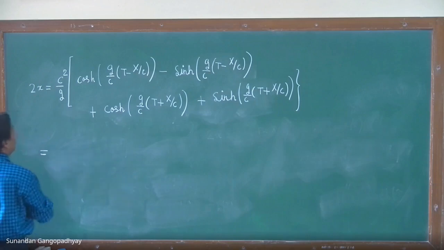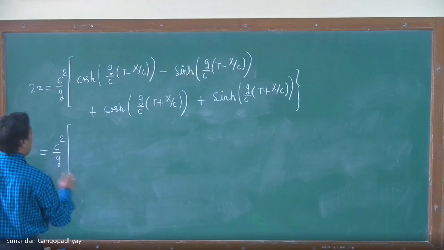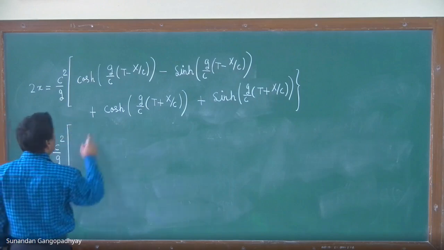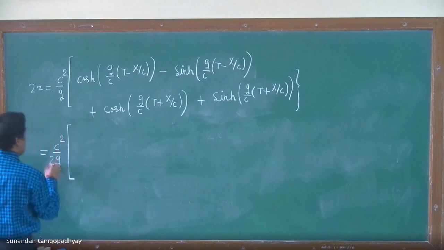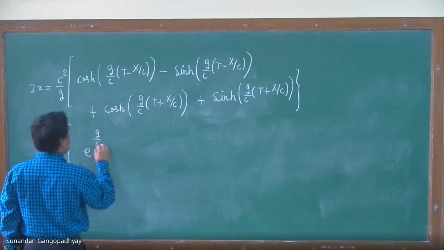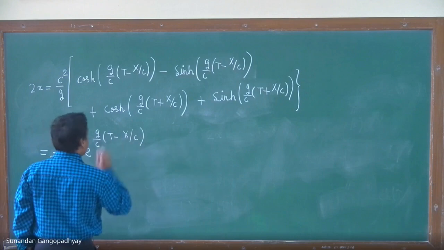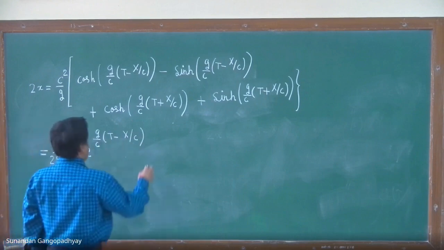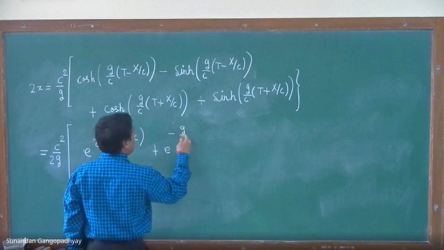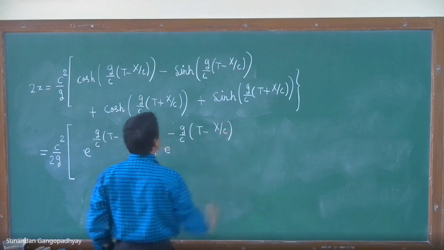So this will be equal to c squared by g. From each of these things you will get twice. So this will be e to the power of g by c (t minus x by c), plus exponential minus g by c (t minus x by c). So this is this term.